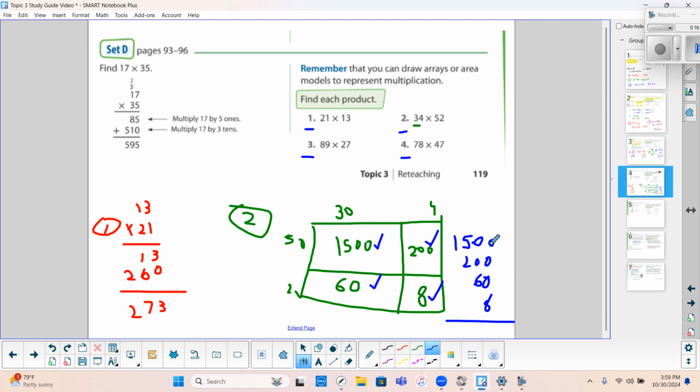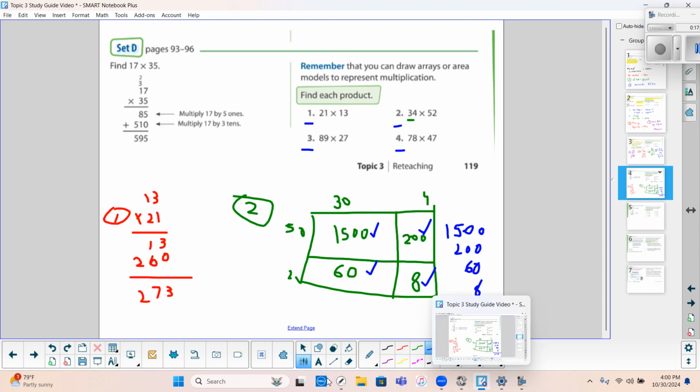So add it up. 0 plus 0 plus 0 plus 8 is 8. 0 plus 0 plus 6 is 6. 5 plus 2 is 7. And then 1 comes down. So it's 1,768. For the purpose of not losing space, I'm going to erase this to do numbers 2, 3, and 4.